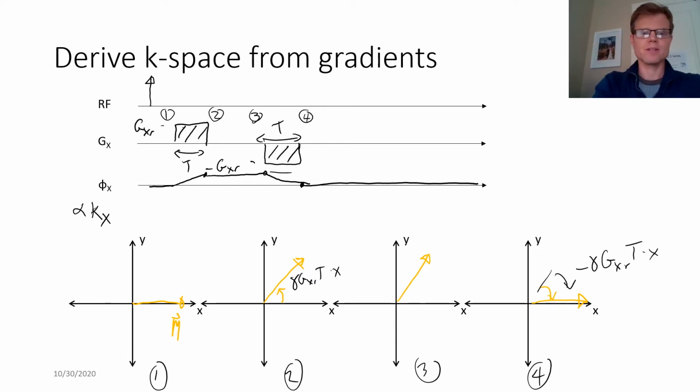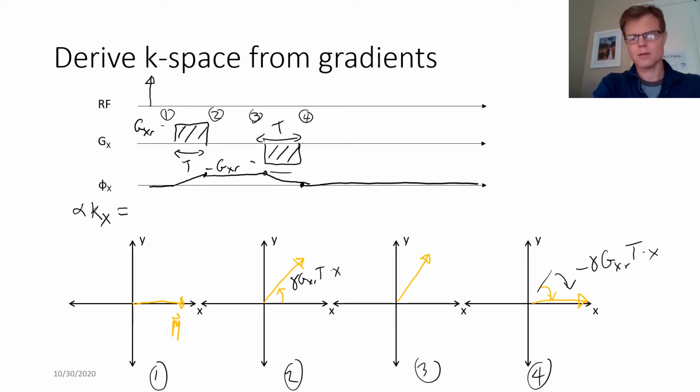And what you'll note from this picture is that the phase angle that we get depends on the cumulative effect of the magnetic field gradients. So as we do more gradient, we get more angle in one way. If we stop, turn off the gradient, we get no accumulation of effect. We turn it on in the opposite direction, we get accumulation in the other direction.